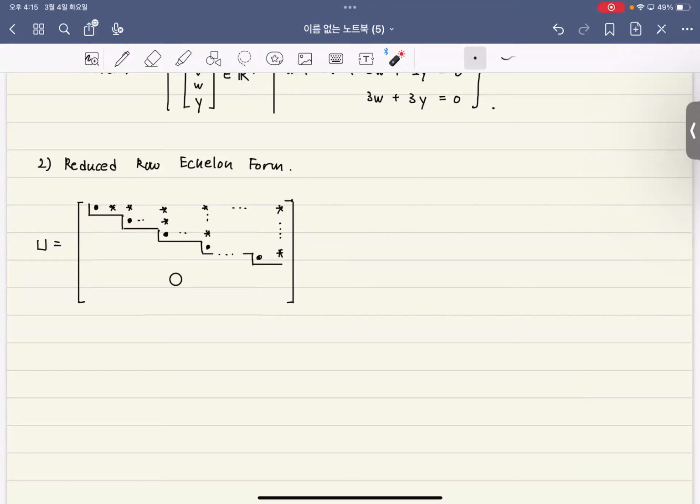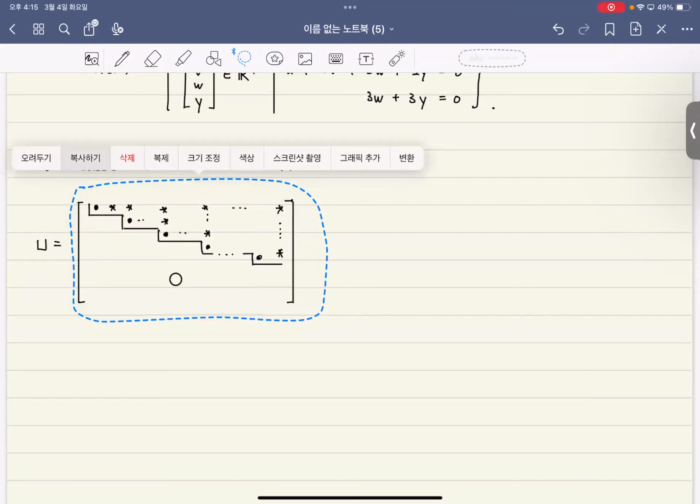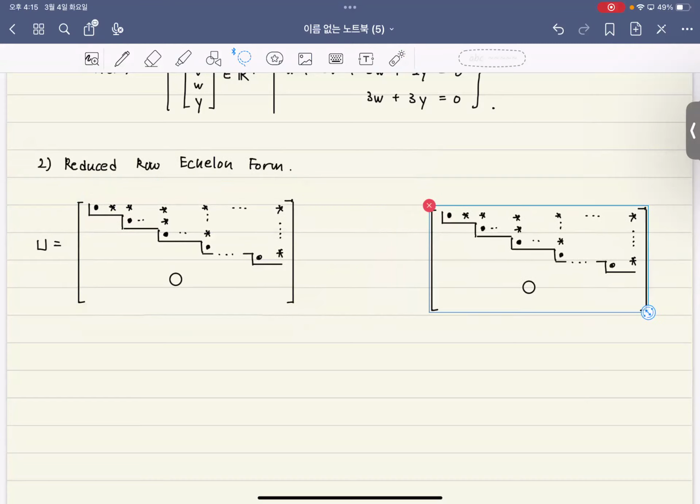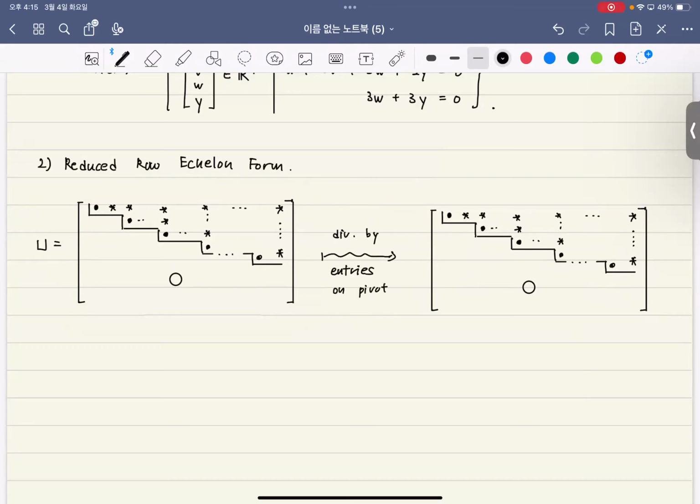Okay, then divide by entries on pivot. I am not interested in these entries.